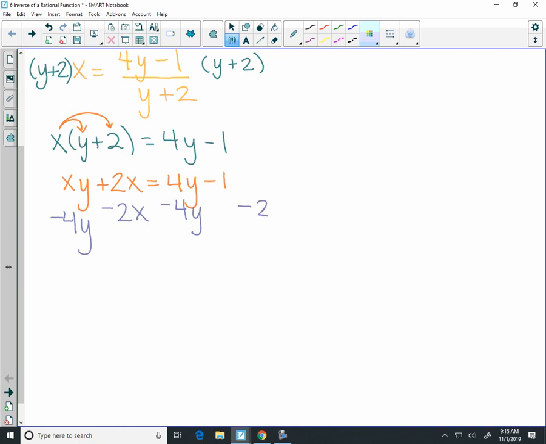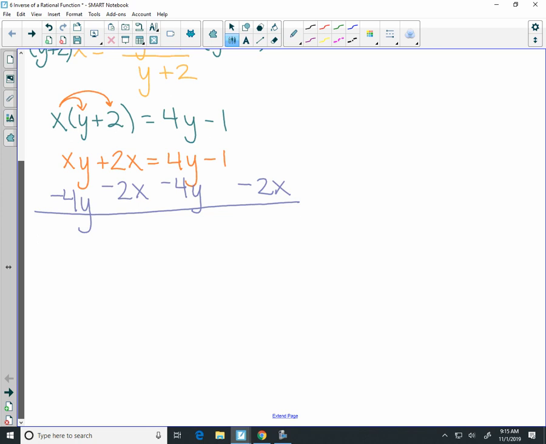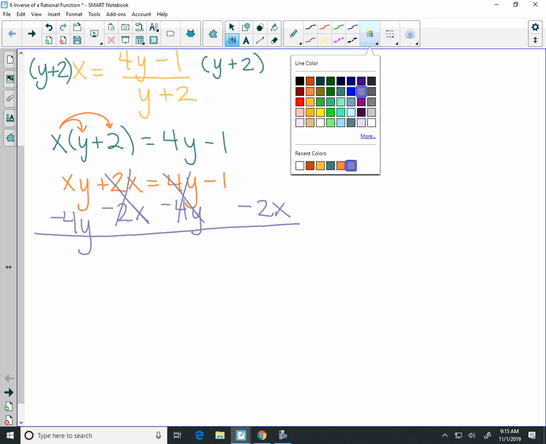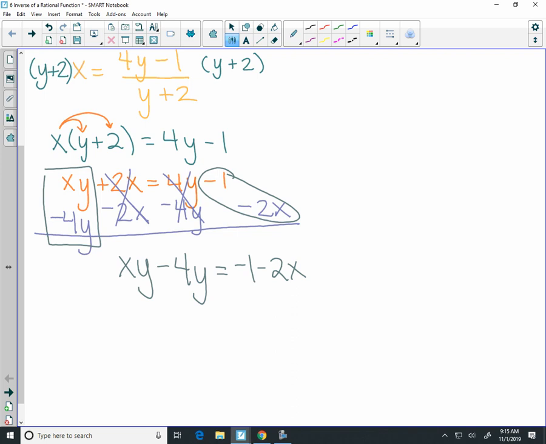You absolutely don't have to do that in the same step if you don't want to. Totally up to you. I think it's helpful to cross out what is gone. So on the left side, I have xy minus 4y. On the right side, in whatever order you want here, -1 minus 2x.